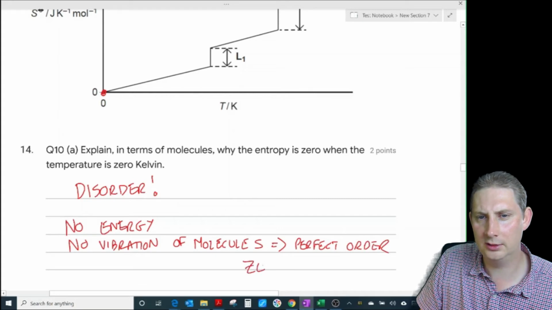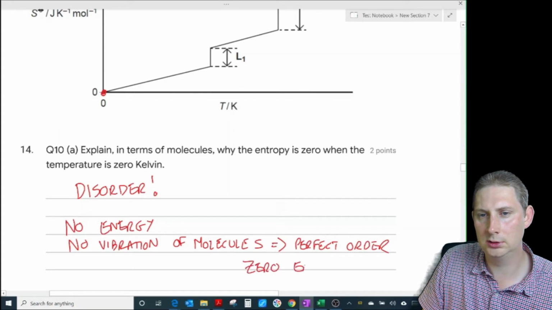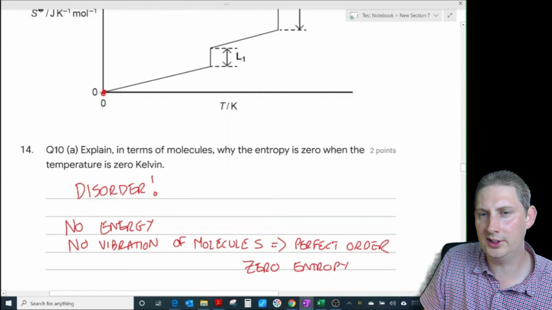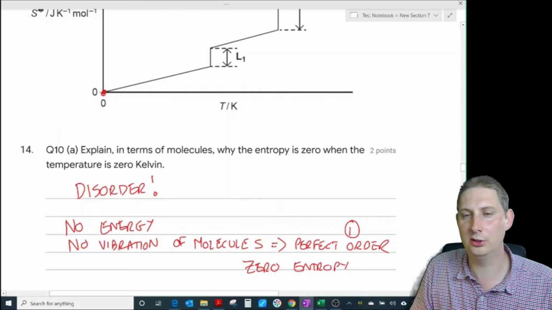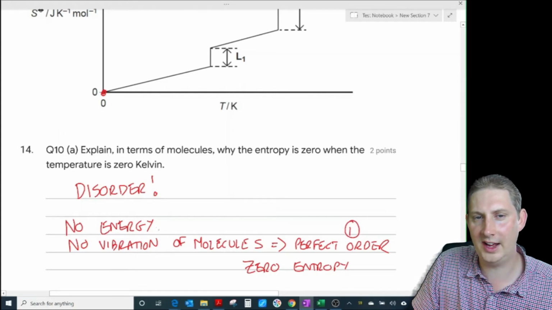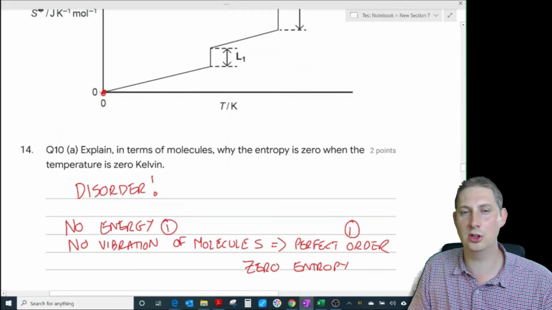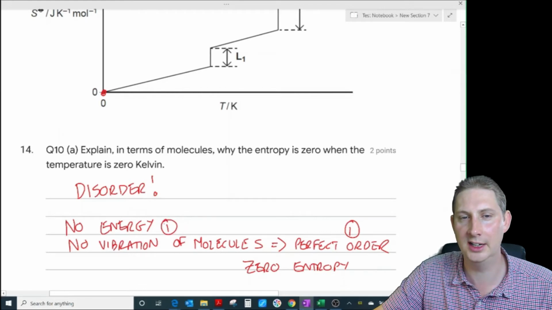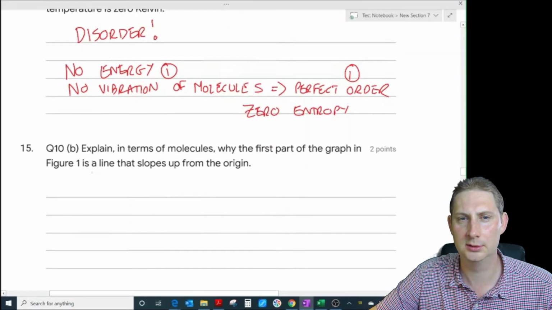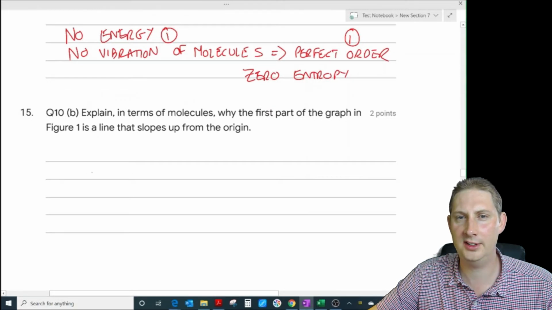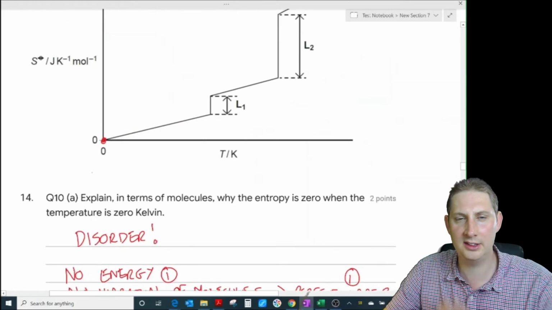Zero entropy. So talking about perfect order or no disorder, 1 mark. Talking about the fact there's no energy, so there's no vibration or no ways to distribute that energy is the other mark.